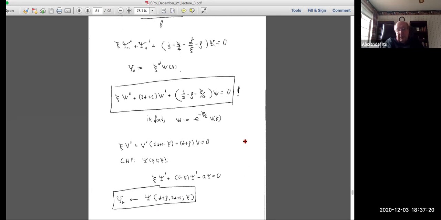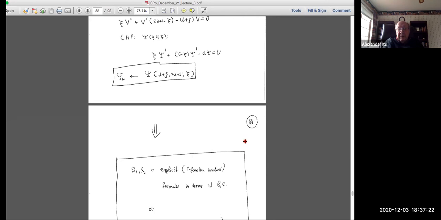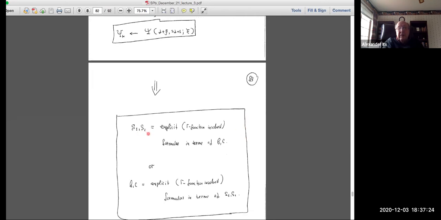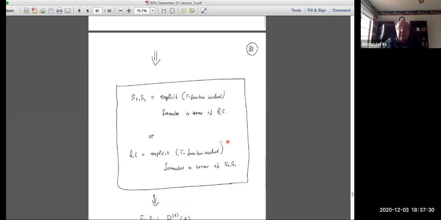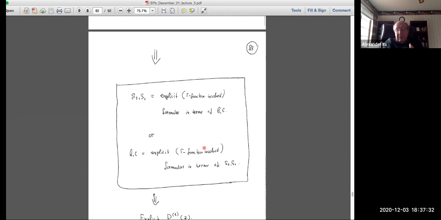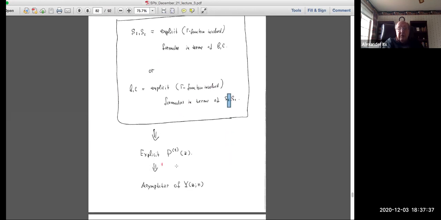We can do everything now, and as I said, we can obtain S1, S2 explicitly in terms of gamma functions. And so indeed we have an explicit formula for P1 in terms of S1, S2, and in terms of alpha, beta.